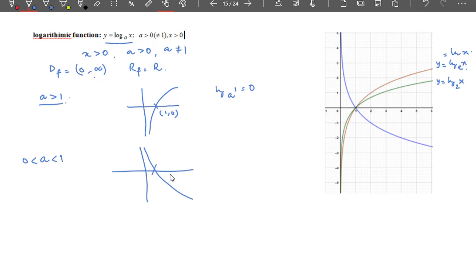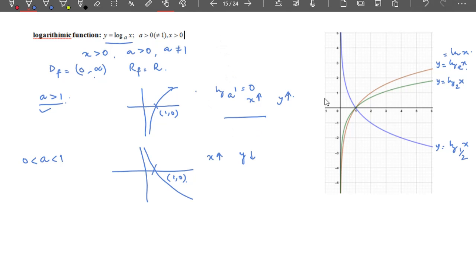That is (1, 0). This is y is equal to log x to the base half. This function increases when a is greater than 1: as x increases, y increases. This is the decreasing function: as x increases, y decreases.